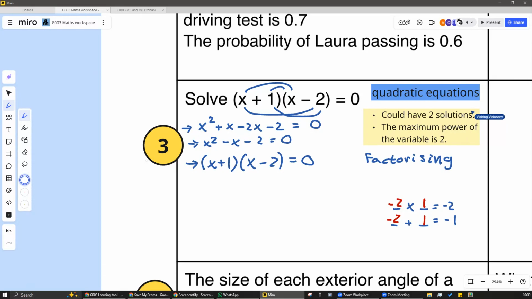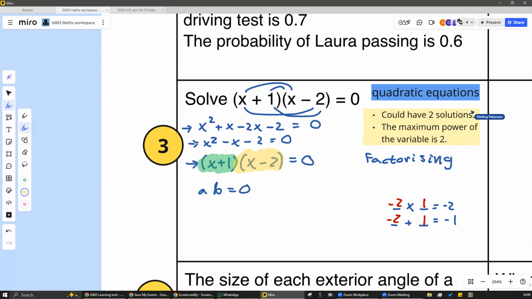What would we do now then? Well, what we want to notice, and this is the trick to how to solve quadratic equations, is I've now got something which is x plus 1 multiplied by something else which is x minus 2. So we could, for the moment, imagine that we have a multiplied by b. It doesn't matter.